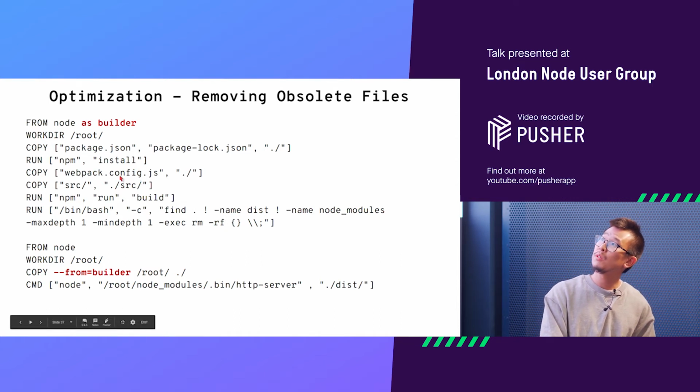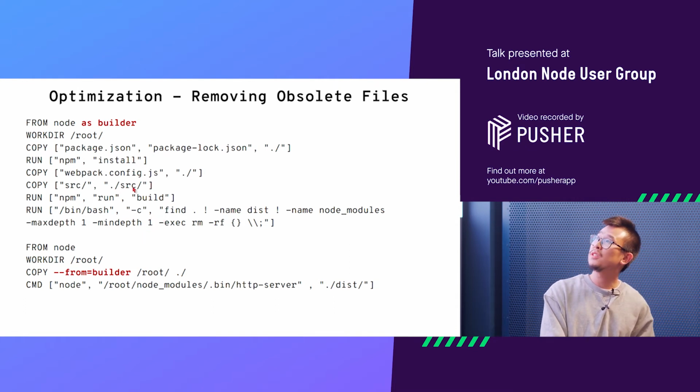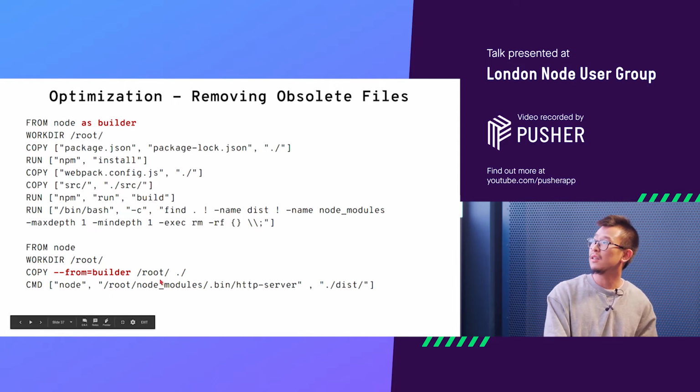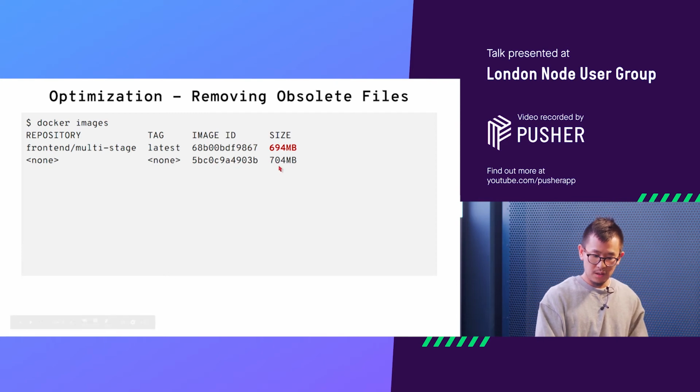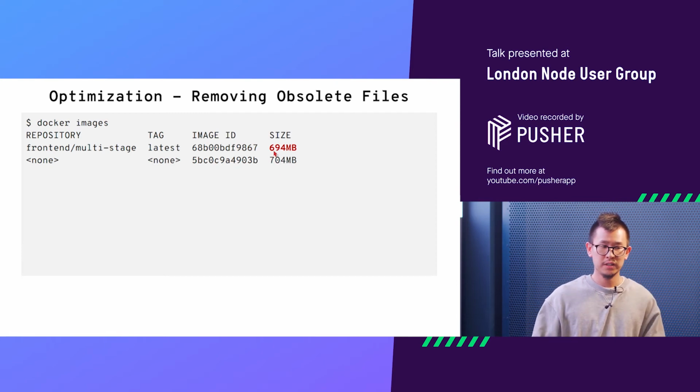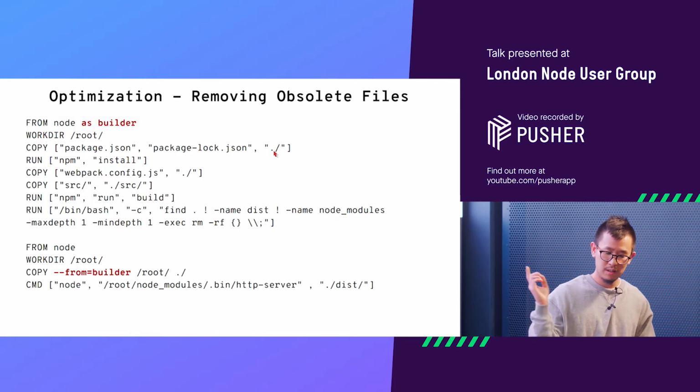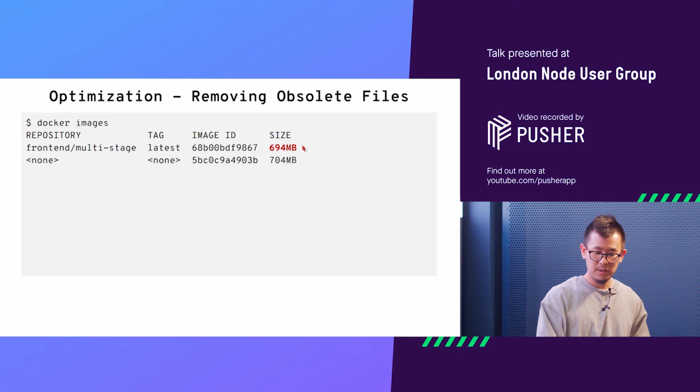So here we're just building everything and deleting the files we don't need. We're not actually going to use that image. We're just going to use this image. And we're just going to copy stuff from the previous stage into this stage and run our application. So here we have all the benefits of caching. Our Dockerfile is still very readable, but our image has reduced in size by 10 megabytes, right?